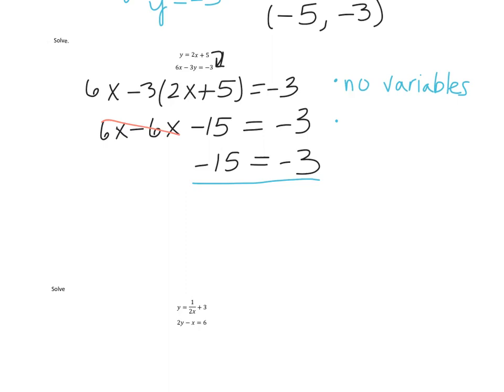So if there's no variables, we ask ourselves, is it true? And in this case, no, it's not true. Negative 15 does not equal negative 3. So what this is telling us is no matter what we plug in for x, it's never going to be true. So nothing's ever going to work. So no ordered pairs work.